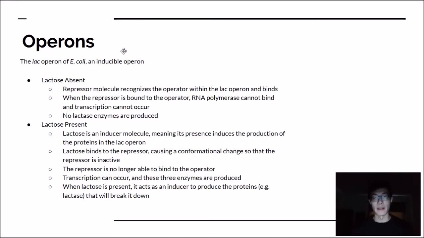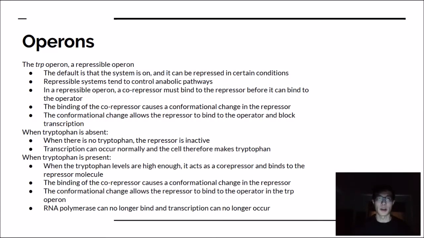On the opposite hand, if lactose is present, you're going to induce the production of the enzymes necessary to break down lactose. So that, I think, is pretty straightforward. Again, here is a summary of it, and you can most likely just read through it and understand it as a whole.